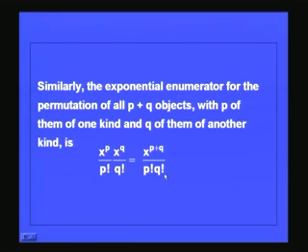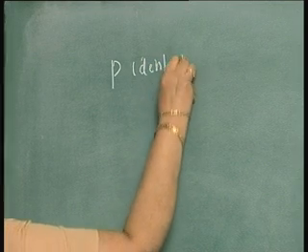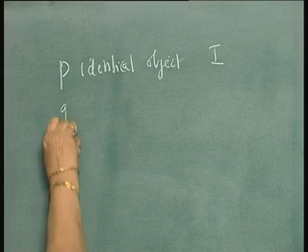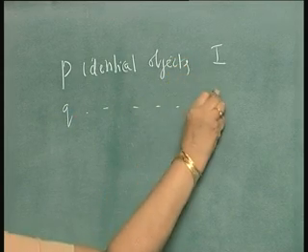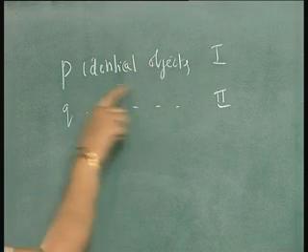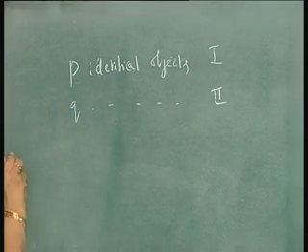See, by the rule of product, if you have p identical objects of one kind, the first kind, and q identical objects of the second kind, then the number of ways of arranging them is as follows.